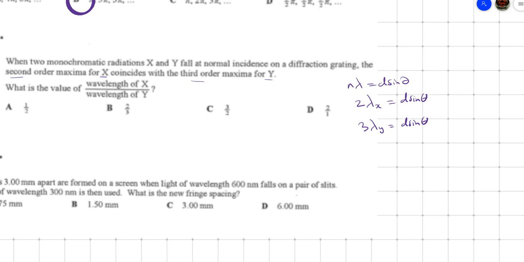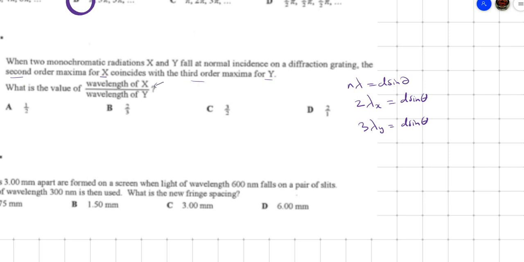Now this slit distance is the same. We're using the same two slits, so the angles coming out don't matter. You can see that we're dividing the equations by each other.